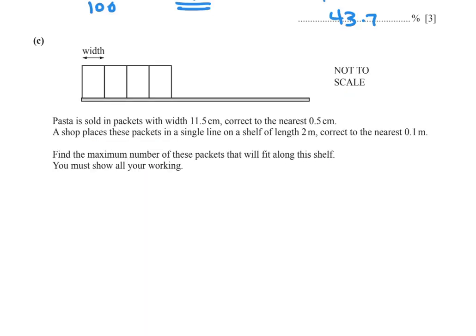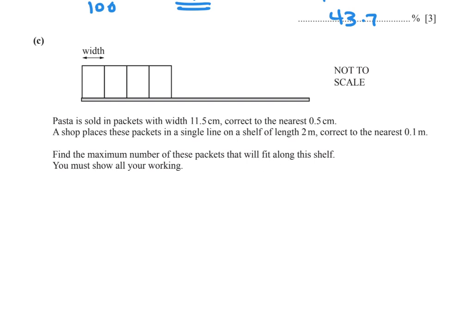Now see, pasta is sold in packets with width 11.5 centimeters, correct to the nearest 0.5 centimeter. A shop places these packets in a single line on a shelf of length 2 meters, correct to the nearest 0.1 meter. Find the maximum number of these packets that will fit along this shelf.